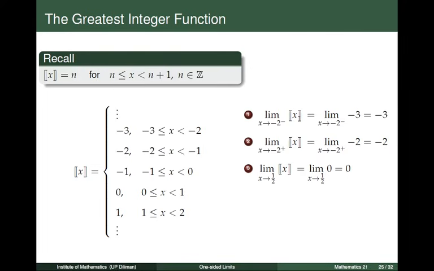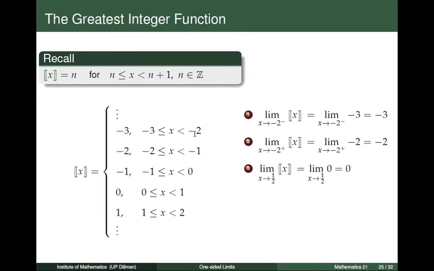So for example, let us take the limit of the greatest integer of x as x tends to negative 2 from the left side. This means that we want to consider x values that are close to negative 2 but less than negative 2. So if we look at this piecewise function definition of the greatest integer function, we see that the interval that we need to consider is this interval here where x is between negative 3 and negative 2.